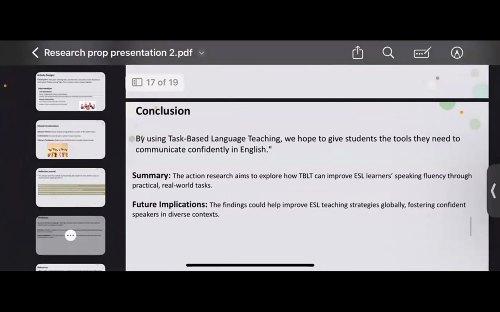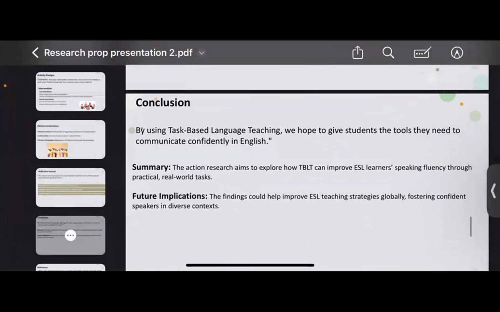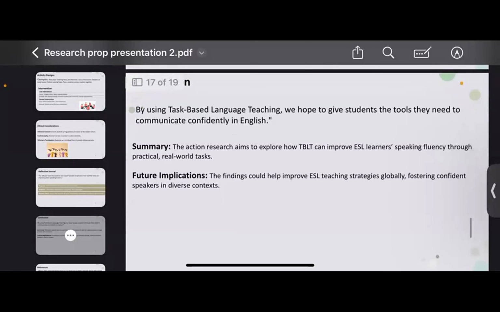So this is the conclusion of my presentation. This study aims to improve speaking fluency among ESL students in Polonnaruwa, a region where English proficiency is limited. By using TBLT, we hope to give students the tools they need to communicate confidently in English. So this is the summary.